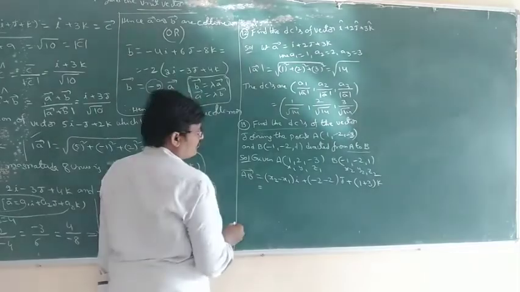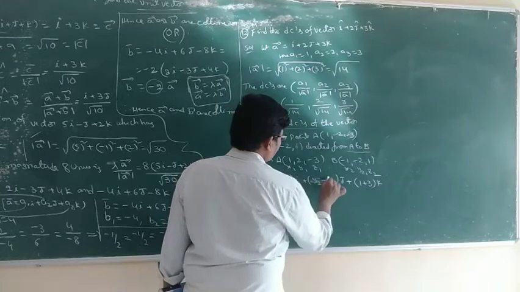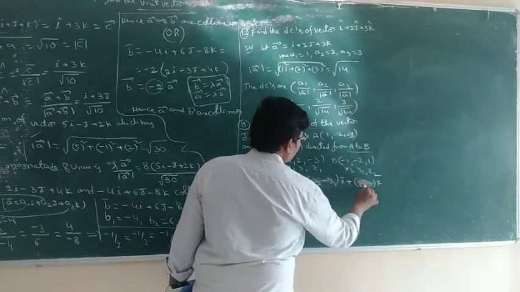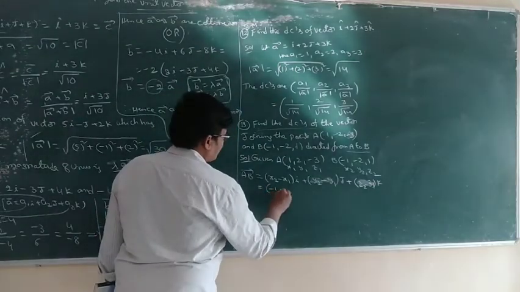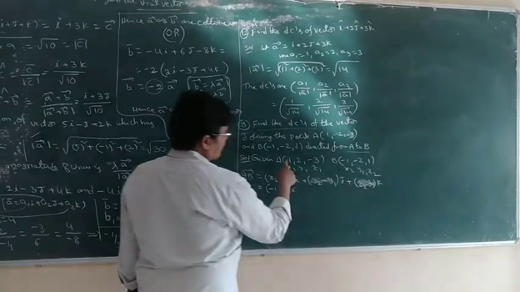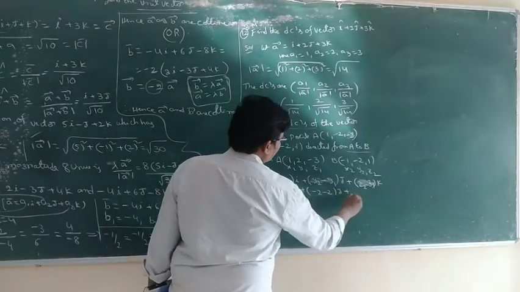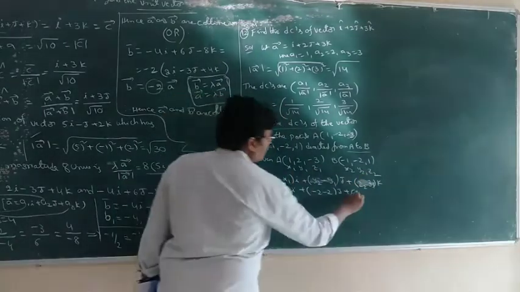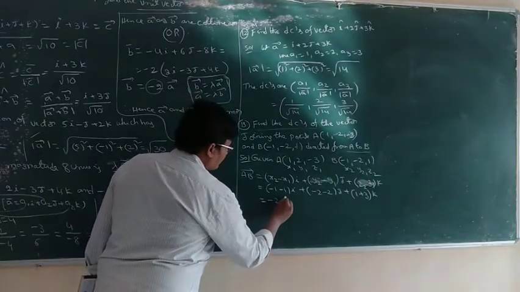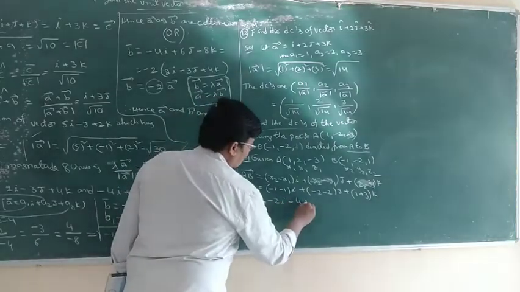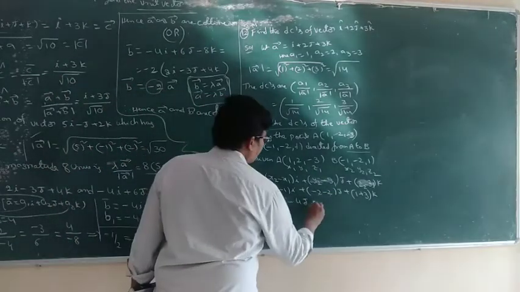So (-1 minus 1) into i plus (-2 minus 2) into j plus (1 minus of minus 3) into k. That is equal to -2i minus 4j plus 4k.